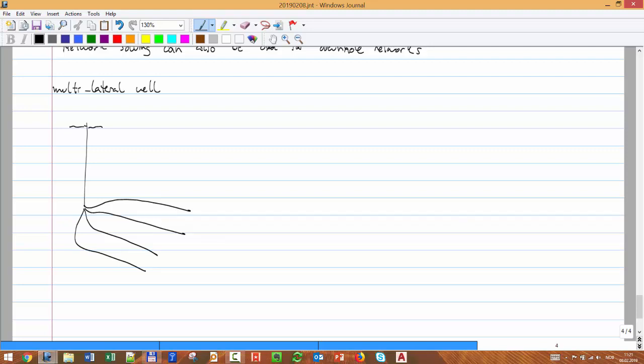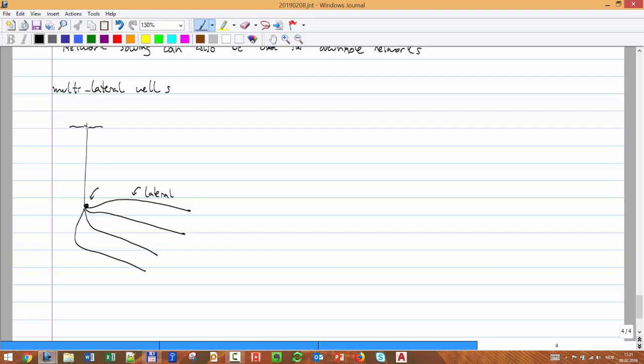So all of them reach the same junction, the same departure point. In that case, to see how much is producing from each lateral, if they are very different, you have to use some sort of network approach.